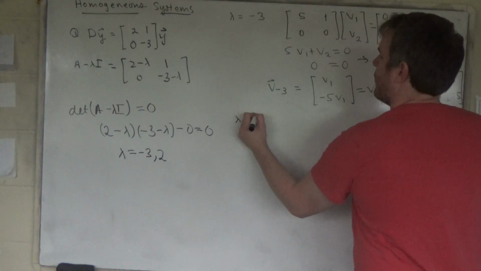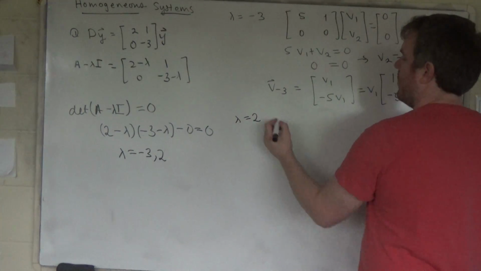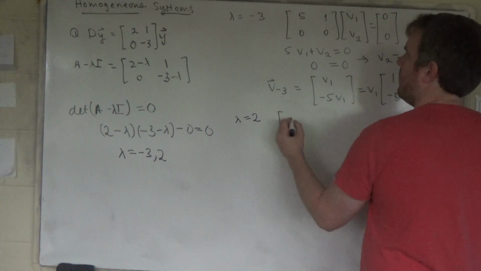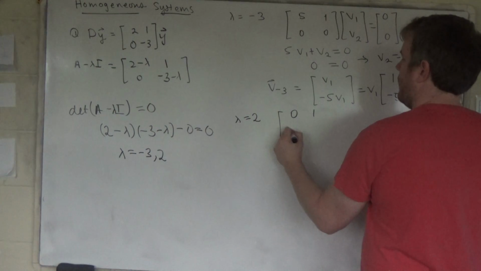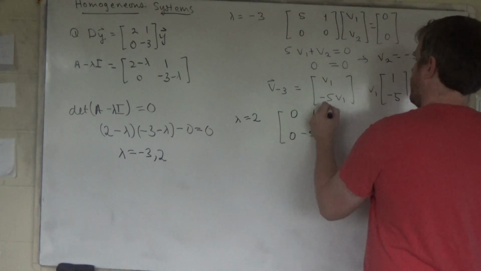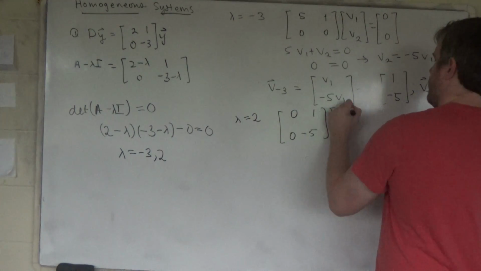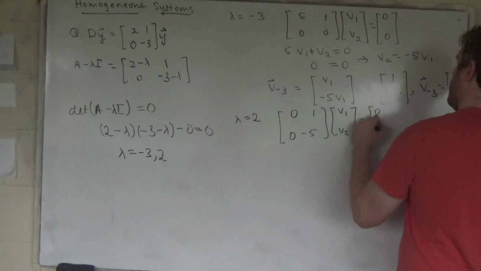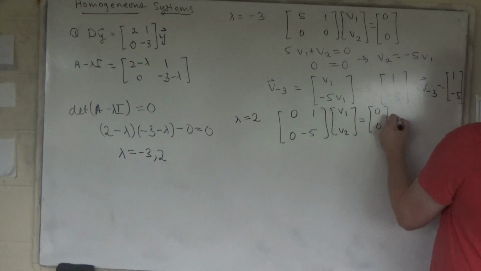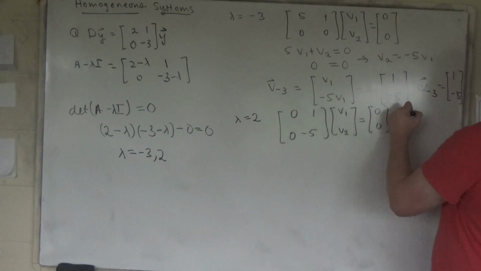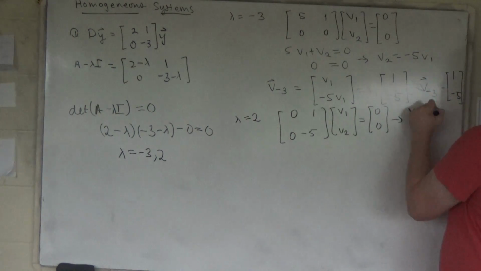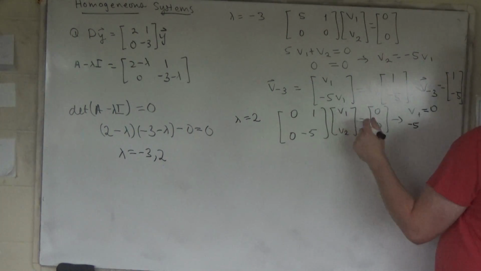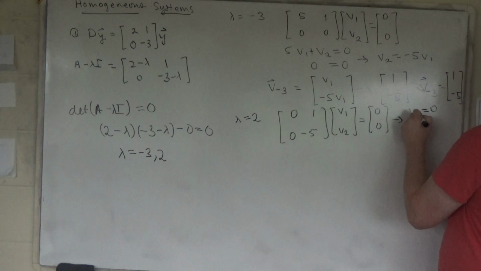For lambda equals 2, the procedure is similar, except this time we get 0, 1, 0, negative 5. This leads to the equations v2 equals 0 and negative 5 v2 equals 0.